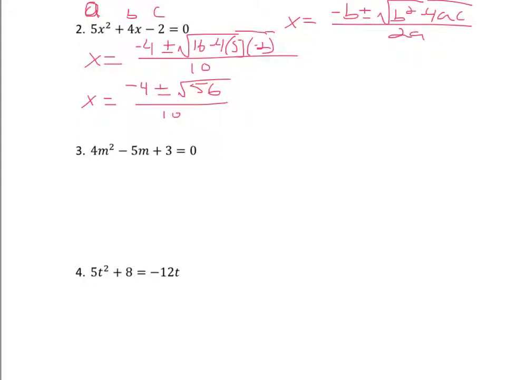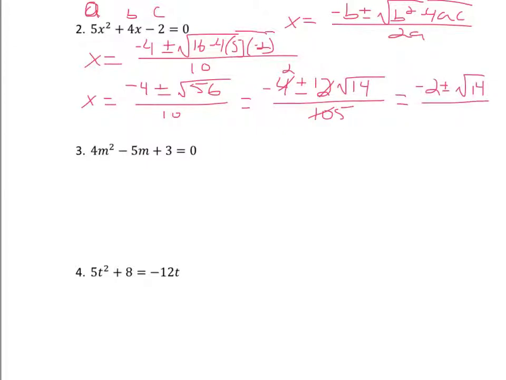We actually can pull out a 2, so this is equal to negative 4 plus or minus 2 root 14, because 14 times 4 is 56, over 10. Now I can reduce a 2 out of everything, so this becomes a 5, that becomes a 1, that becomes a 2. So our final answer is going to be negative 2 plus or minus root 14 all over 5. Those are our two answers for that one.